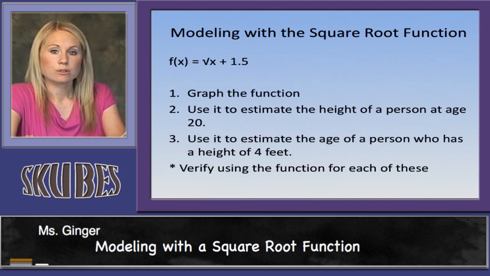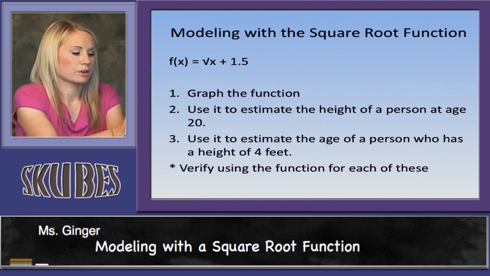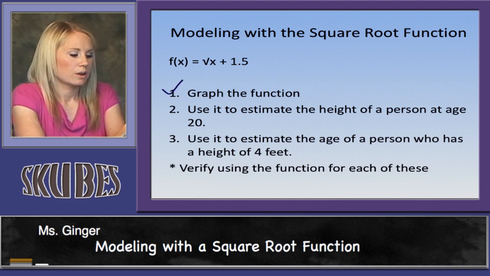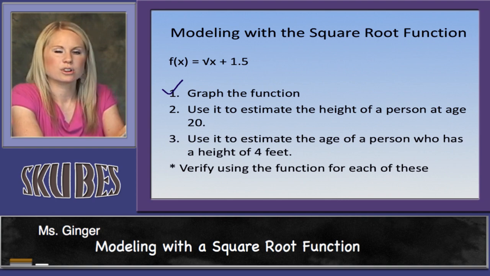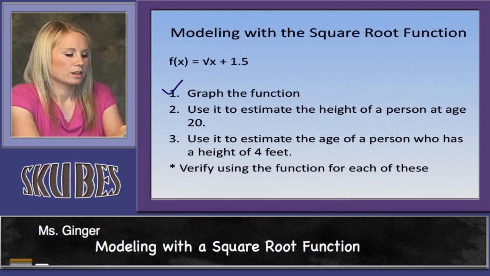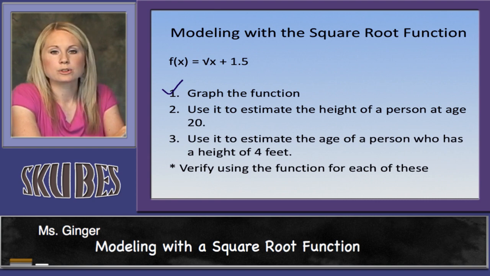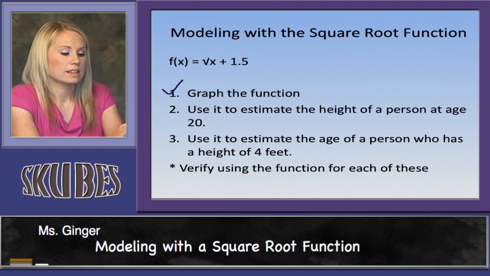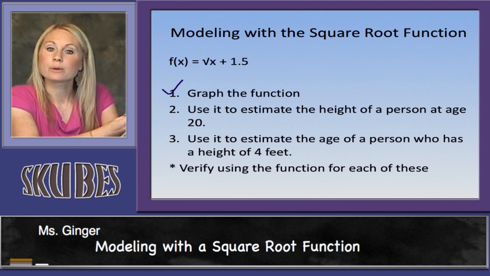So what we're going to do is first look at the picture. Like we said, we're going to graph the function here when we have our grid. And to estimate a certain height or a certain age, we're going to take a particular number. We're going to estimate the height of a person at the age of 20. We're going to have to look at the graph at that location.